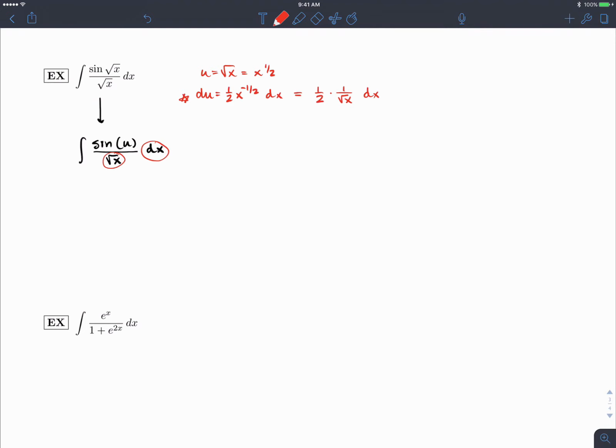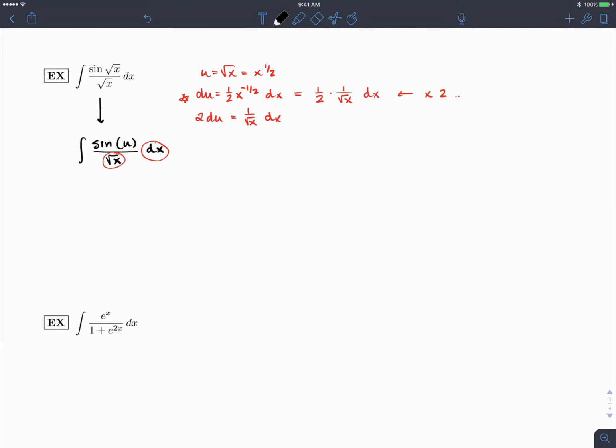And now we should start to see that this is going to end up being a promising result. Because if we were then to take this statement right here and multiply both sides by 2, we would have 2 du is equal to 1 over the square root of x dx.